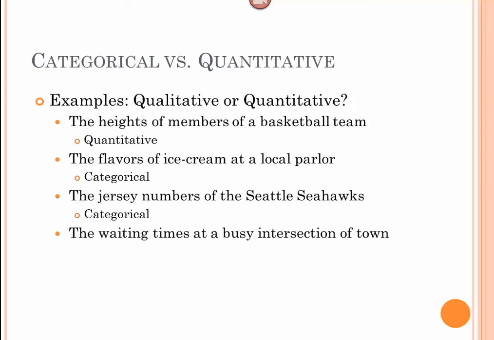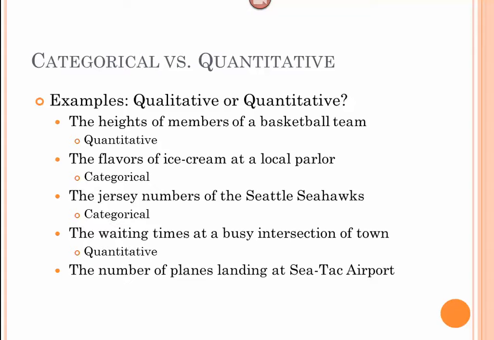The waiting times at a busy intersection of town. Well, that's a measurement of time, so that would fall into the quantitative category. And then the number of planes landing at SeaTac Airport. Again, that would be a count, and so therefore that would be a quantitative variable.